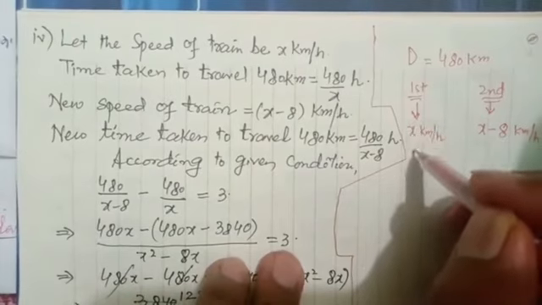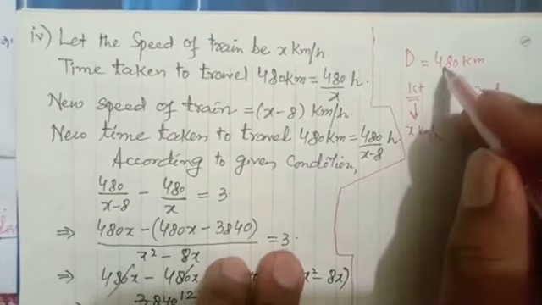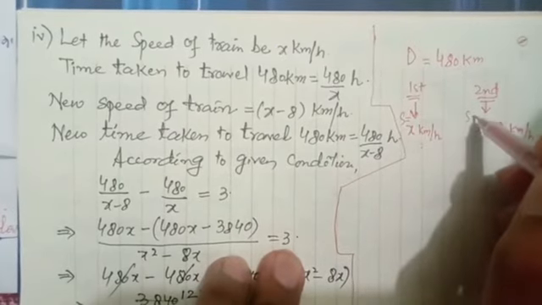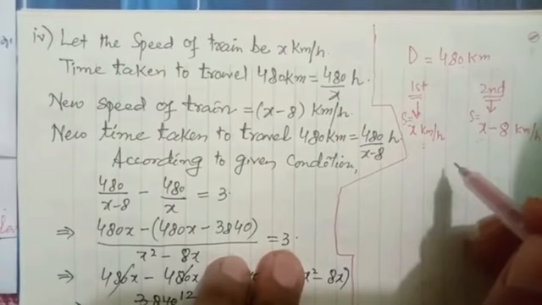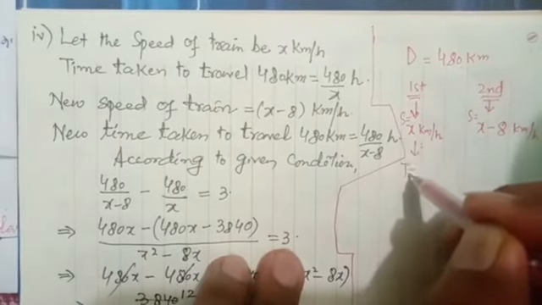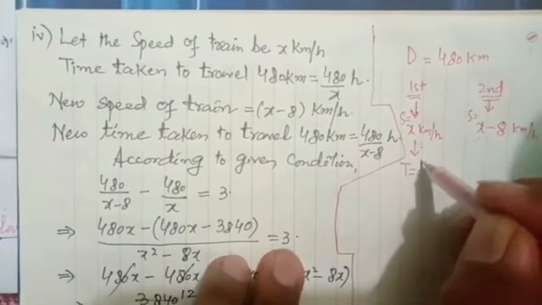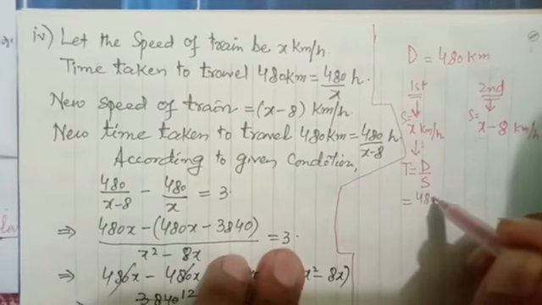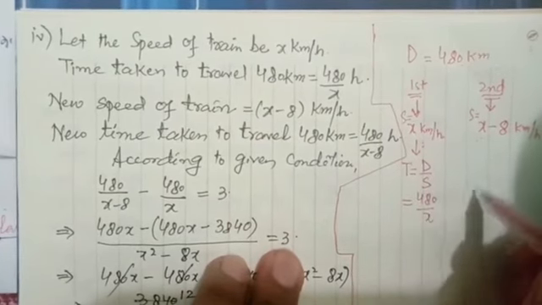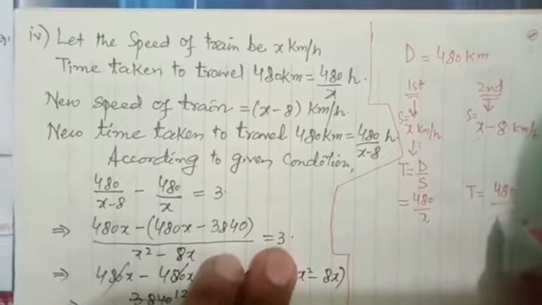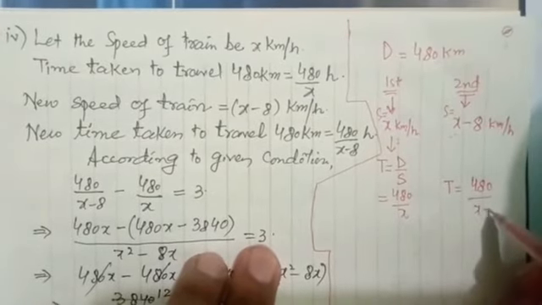Here we will try to find, distance is same, speed is this x km per hour. Here speed is x minus 8 km per hour. Try to understand this. If we would like to find the time, time is equal to distance by speed. That's distance 480 by x. Same here, the time will be distance by speed, that's distance is 480, here the speed is x minus 8.